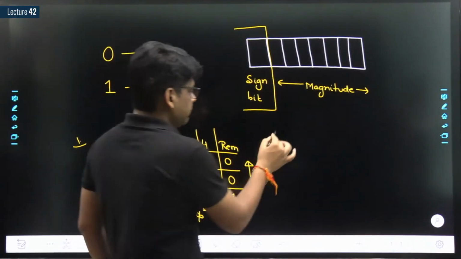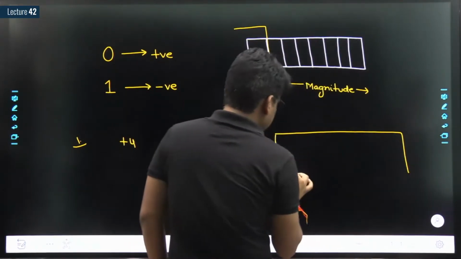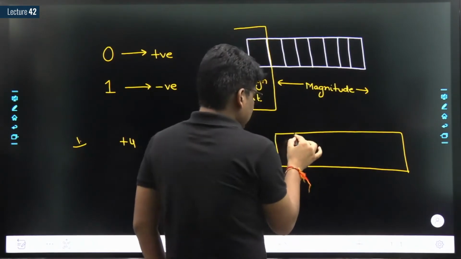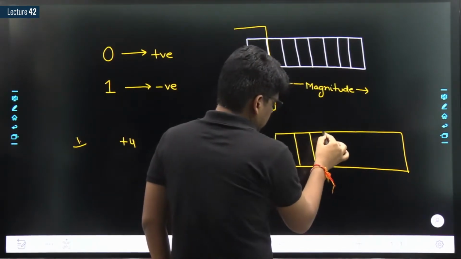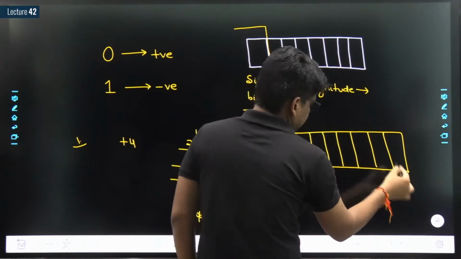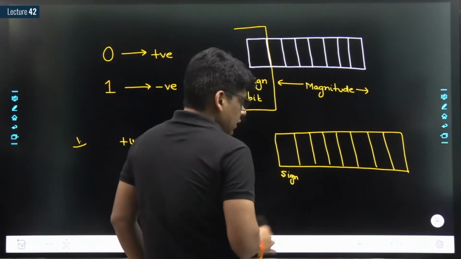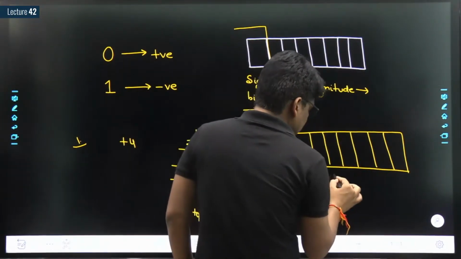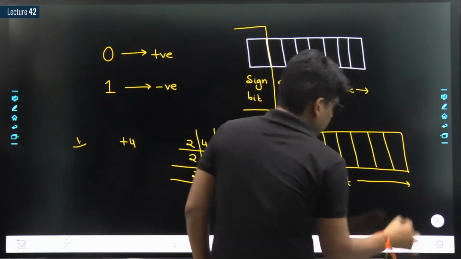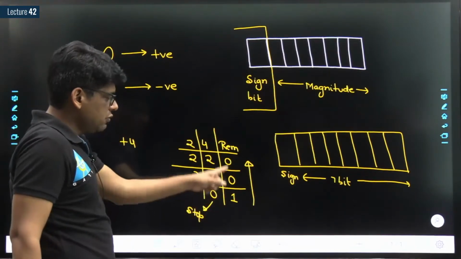Okay, let me write. Sir, if we have an 8-bit integer, I'm just assuming, don't think much, just understand the concept first. This bit is reserved for sign and these 7 bits are reserved for magnitude. Plus 4, the binary of plus 4 is 1, 0, 0.